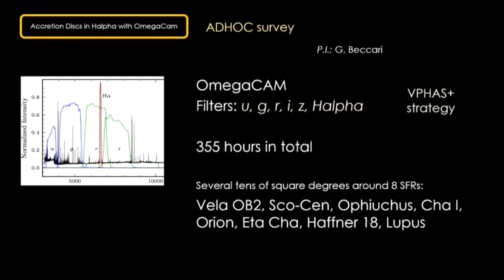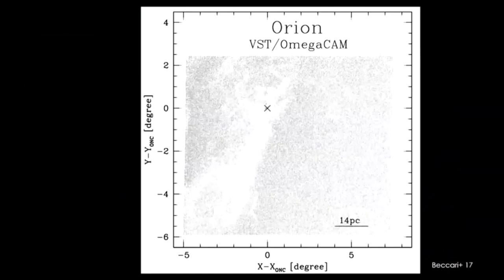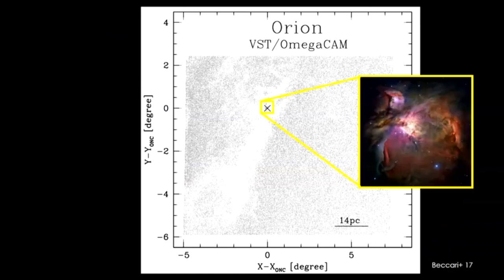This allowed us to cover several tens of square degrees around 8 star-forming regions, which are shown here. This is an example of a sky region in Orion. You can see that it covers about 100 square degrees, and by comparison, this is where the Orion Nebula is located. So we have a much larger area. Now we are really talking.